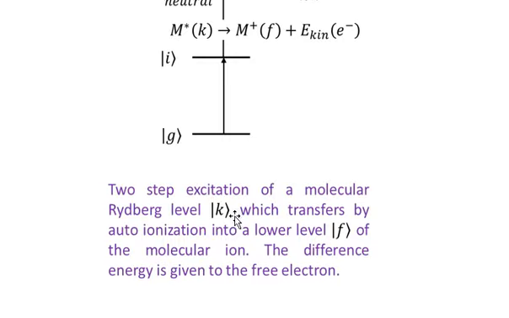The caption of the figure is two-step excitation of a molecular Rydberg level. That is, the Rydberg level is the kth level or the kth state of the molecule, which transfers by autoionization into the lower F state of the molecular ion. So F state is actually the state of the molecular ion, not the neutral molecule. The difference of energy is given to the free electron.